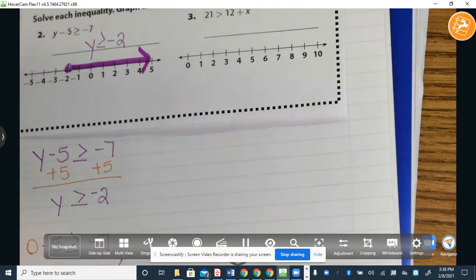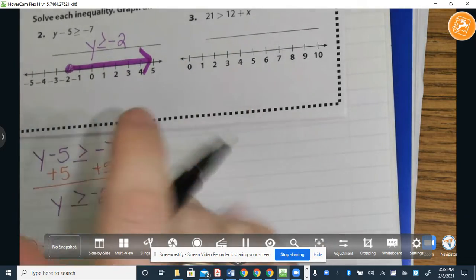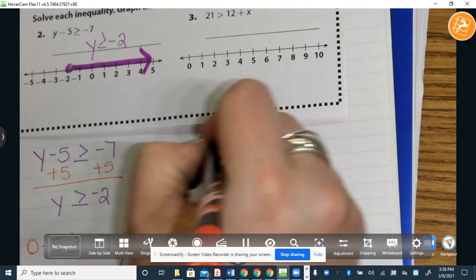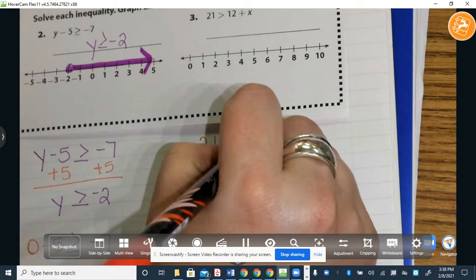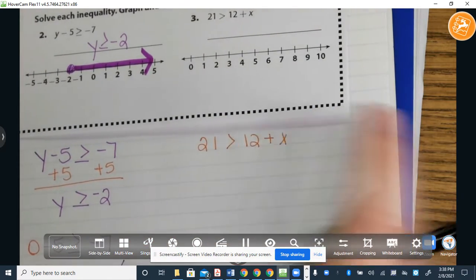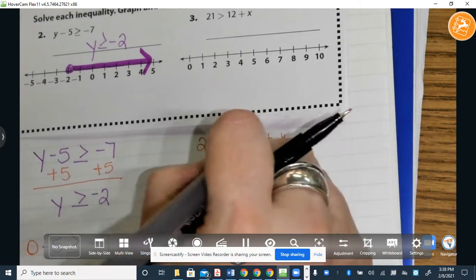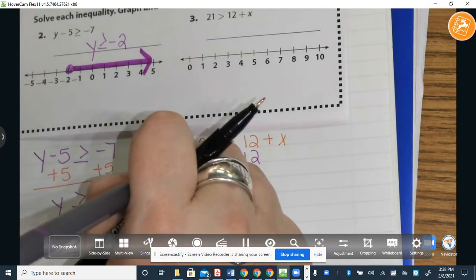All right, number 3. Okay, 21 is greater than 12 plus x. All right. So I'm going to show you two ways that you can do this. So I have 21 is greater than 12 plus x. I need to get x by itself, so I need to subtract 12 and subtract 12.